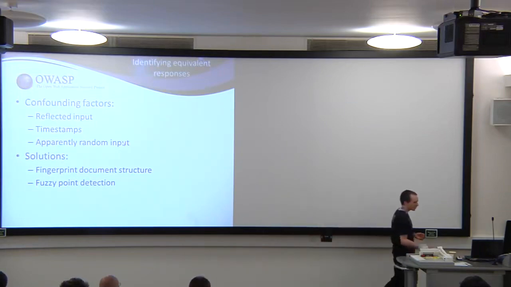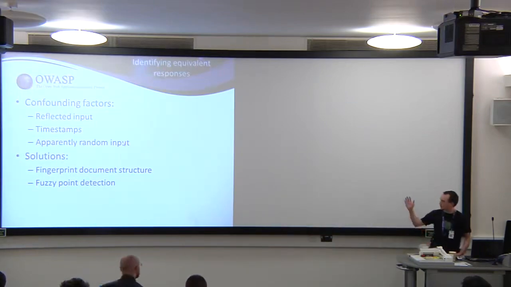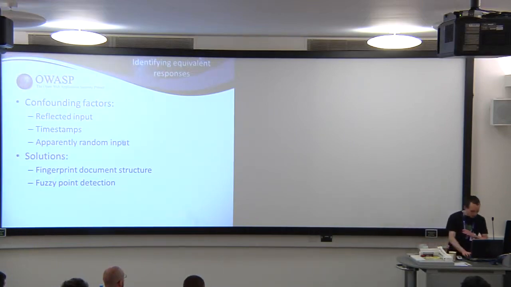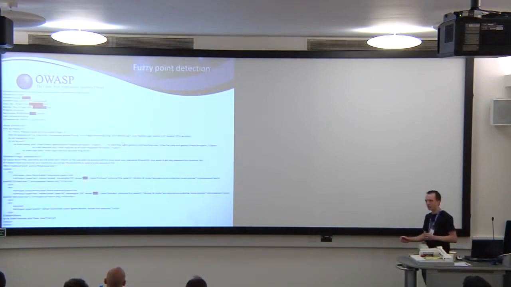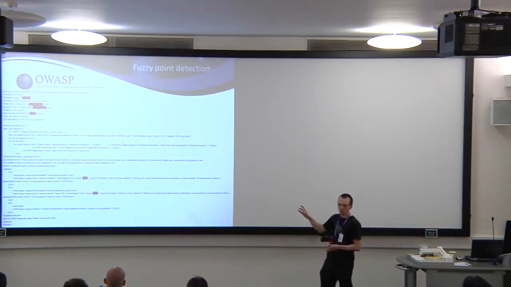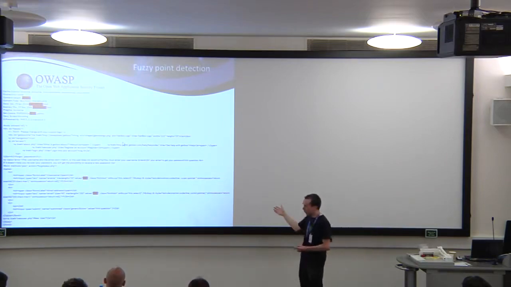The approach that I've taken is detecting these fuzzy points within the page so that when they change, we can go, I was expecting that to change. I can disregard that. In other words, I'm generating a regular expression to match what a page looks like when it gets a standard input. And by fetching a sample of inputs, we can do this.